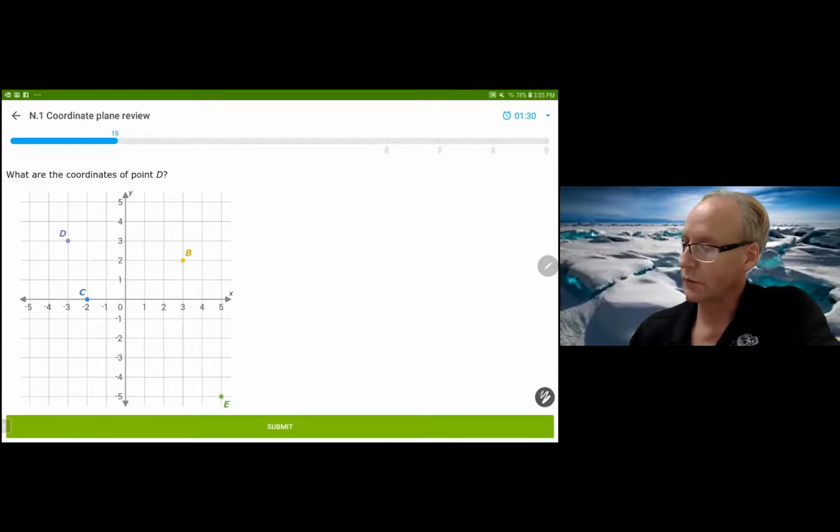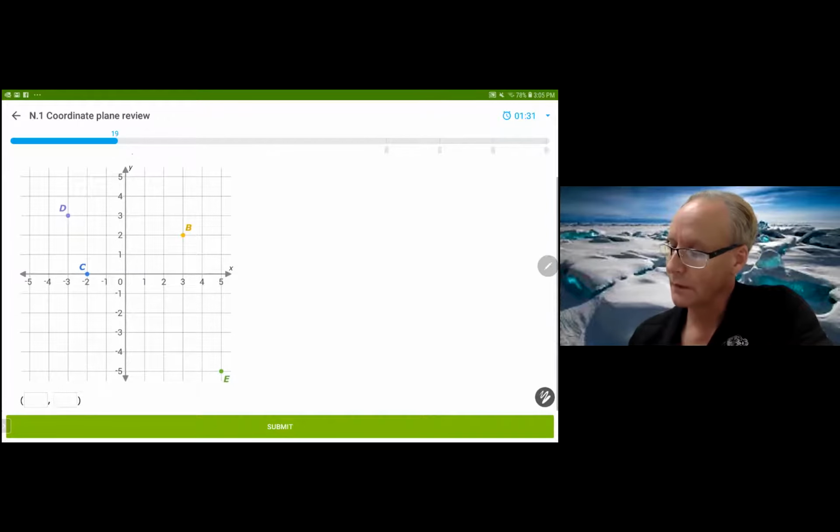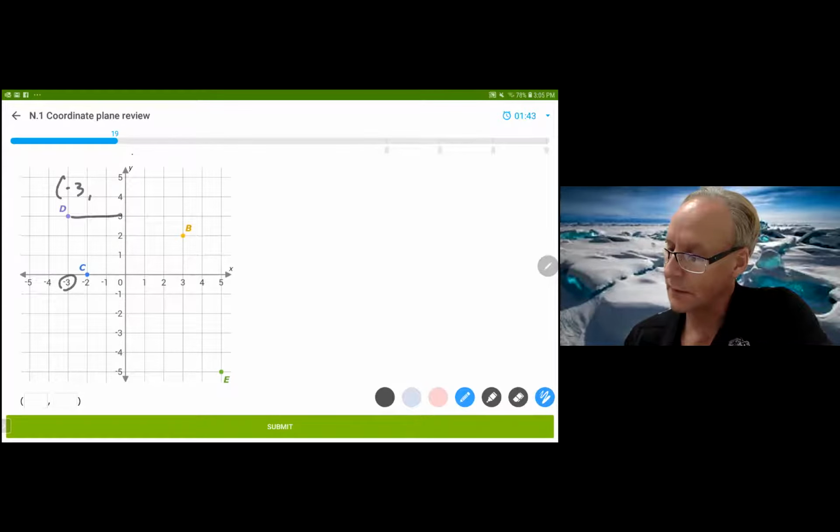And this time we want the coordinates of D. So we're looking at -3 for the X value. That's -3. And the Y value is at +3. So -3, +3.